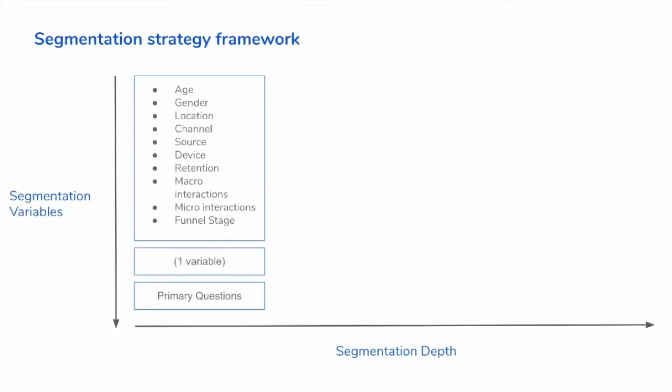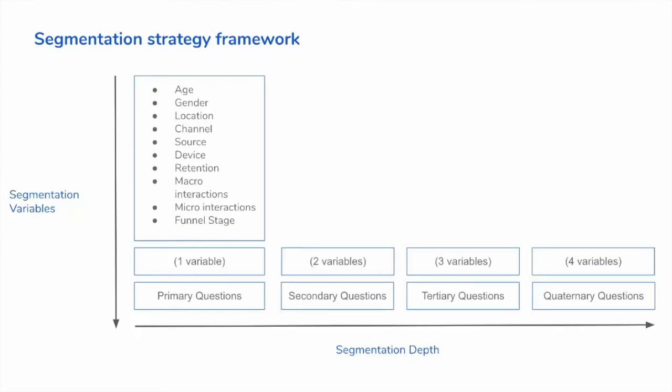And we simply start with the primary question that's based on one and only variable. It can be age, gender, location, or any macro or micro action the visitor took on the website. And then we go into more layered questions. So we add more variables into the mix, and we ask more complex questions.